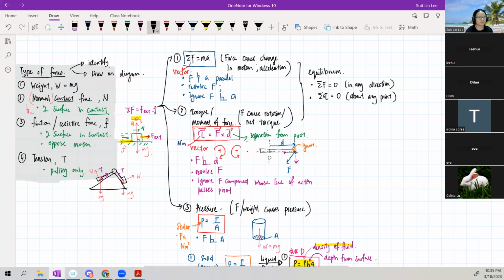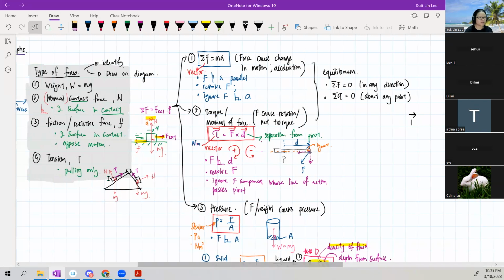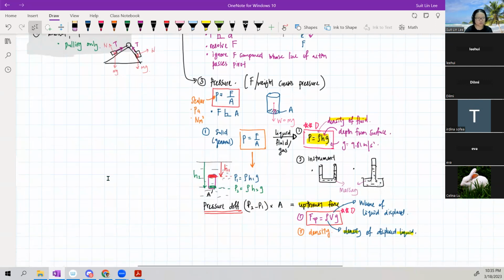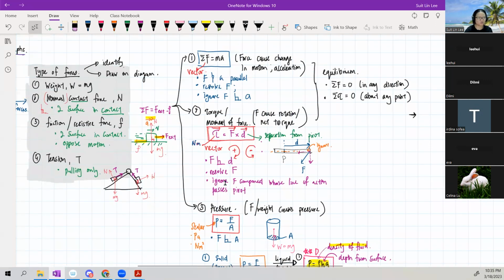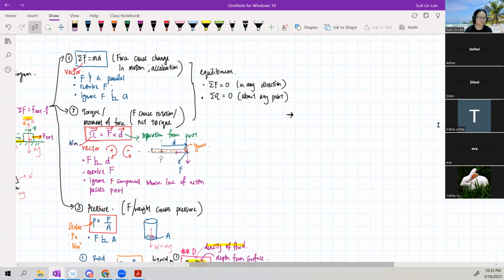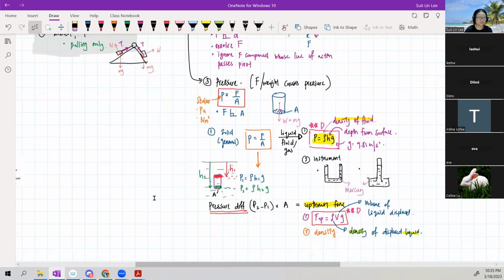When it comes to work, energy, power, as you study, the derivation for this is important, because what is force at the end of the day? Force causes work done. 1, 2, 3. Force causes pressure, force causes acceleration, force causes rotation.